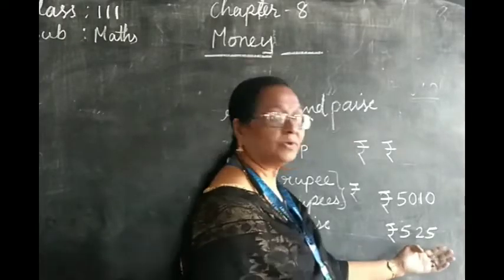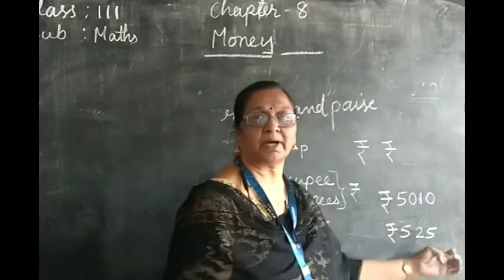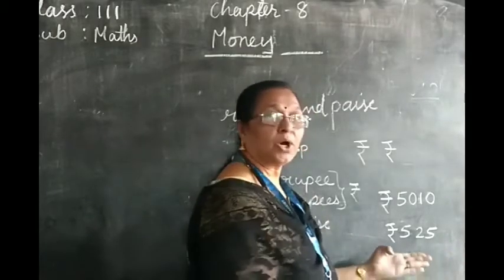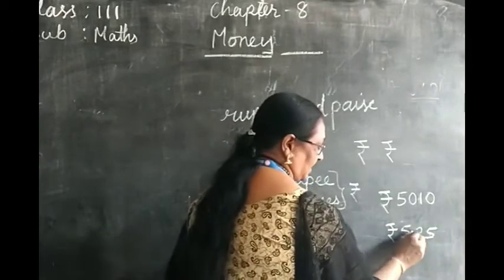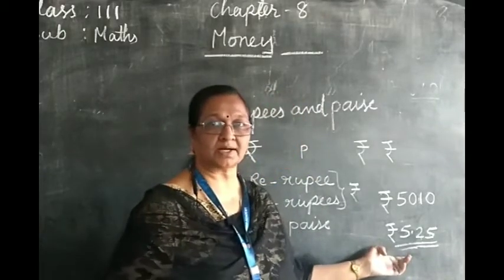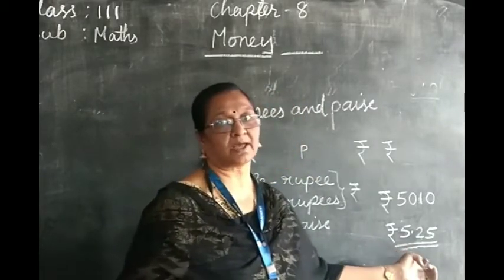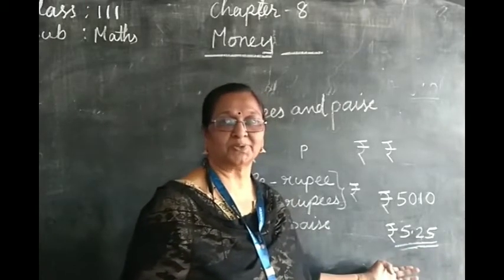We have to put the dot. Separate the rupees and paise by the dot or the bindu. Ones, tens and here. Now how will you read this? We have to read it as 5 rupees and 25 paise. Are you able to do now?